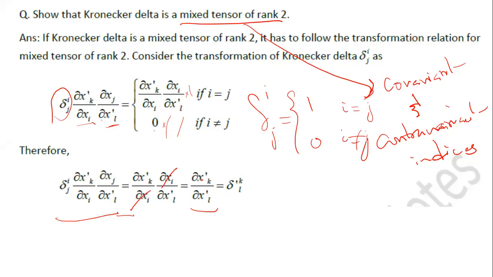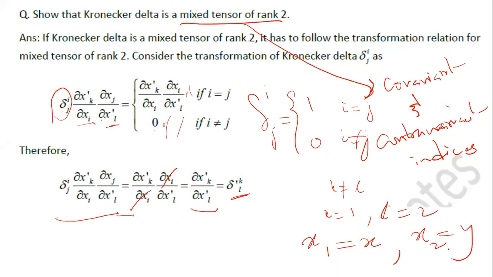So what is this? x k prime is a coordinate variable in one coordinate system. x l prime is a coordinate variable in that prime coordinate system again. k and l are the indices only. So this is exactly equal to the Kronecker delta in such a coordinate system. Because if k does not equal l, let's say k is 1 and l is 2, x1 we write as x, and l is 2 means x2, another coordinate variable y.